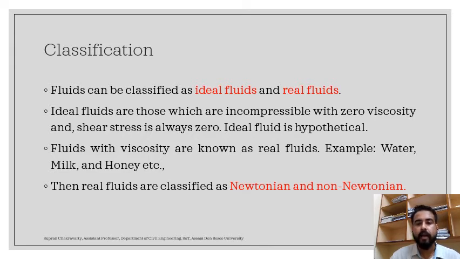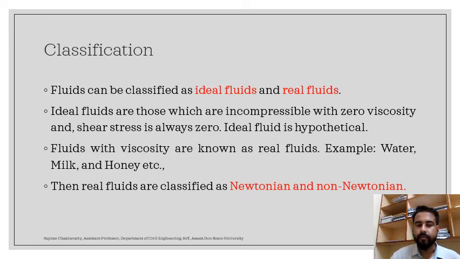Ideal fluid is hypothetical. I have already told you there should be some shear stress for the flowing fluid. So shear stress cannot be zero and viscosity cannot be zero. Viscosity is just a resistance to flow. There will be some resistance that is offered by the other objects or the medium to the fluid.